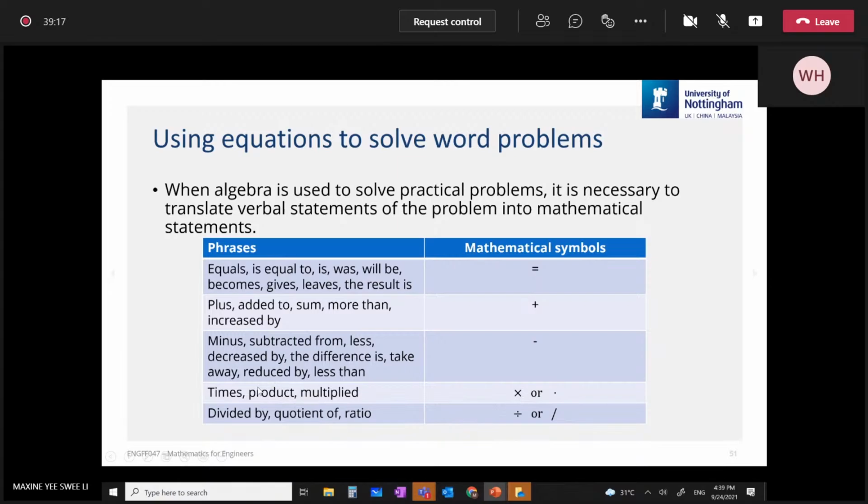If we come across a term like the product of two numbers, that means we are multiplying two numbers. The opposite of that will be the divide symbol. Sometimes you might come across the ratio of two numbers or the quotient. They mean the same thing, so we need to use the divide symbol.